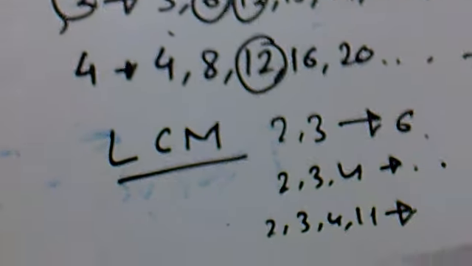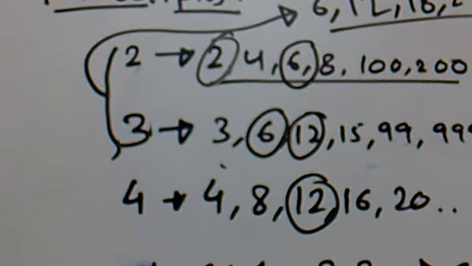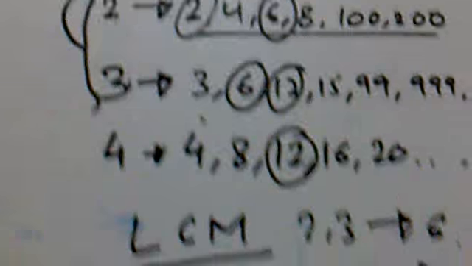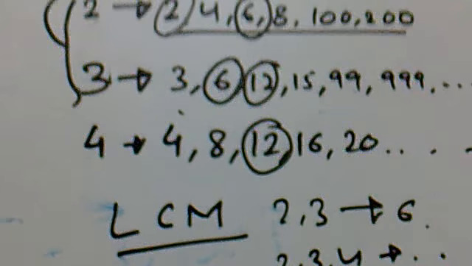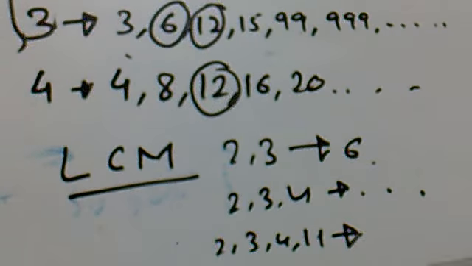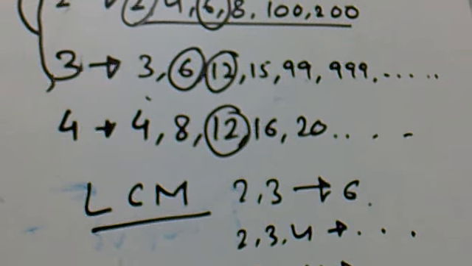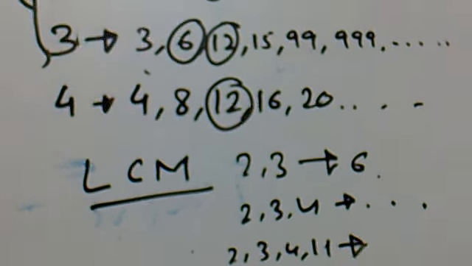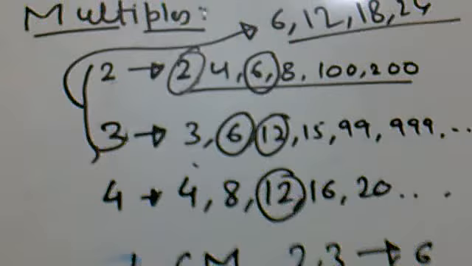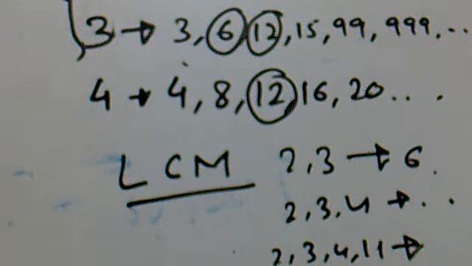And now we also understand what the lowest common multiple is for 2 numbers or 3 numbers or 4 numbers. So at least we understand the concept of lowest common multiple, and like I said, someday we will see how to find the lowest common multiple of the numbers that we are given. For the time being, this is all about multiples, common multiples and lowest common multiples.